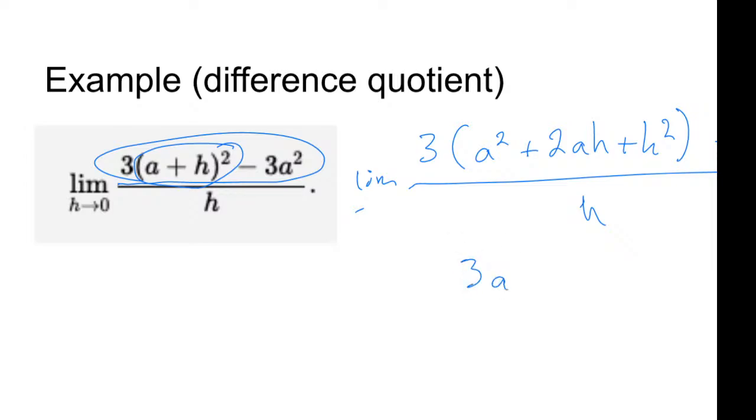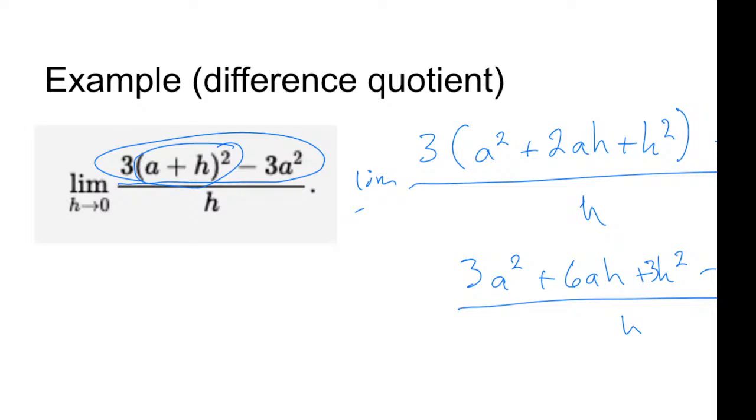So we get 3a squared plus 2ah plus h squared minus 3a squared all over h. Combine like terms. What's that? Oh, thank you. I always do that. And it's not just h squared, it's 3h squared. So I didn't distribute. Thank you. See, that's when I'd love to have people watching over my shoulder. There we go. So that's a little bit better.